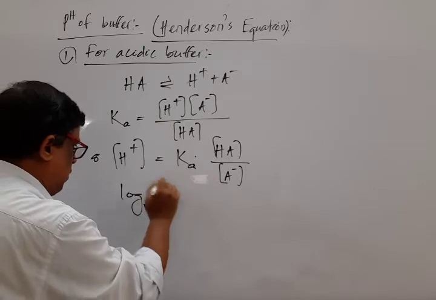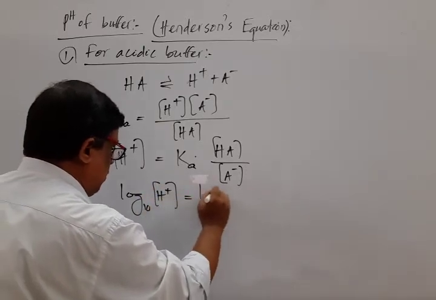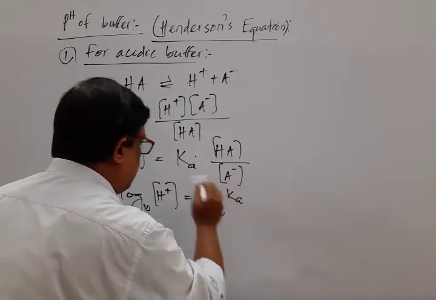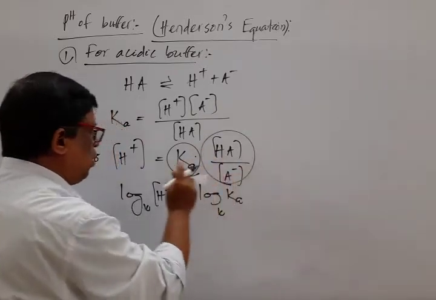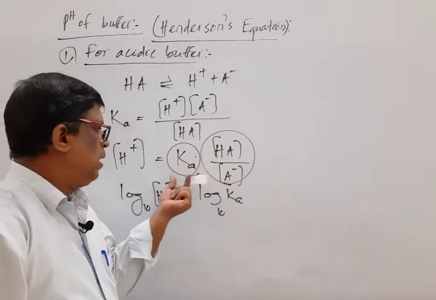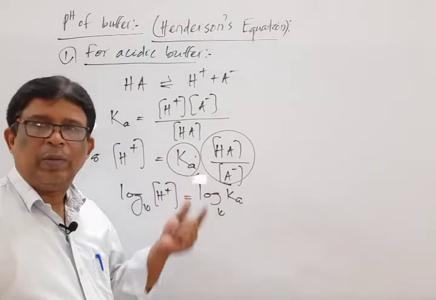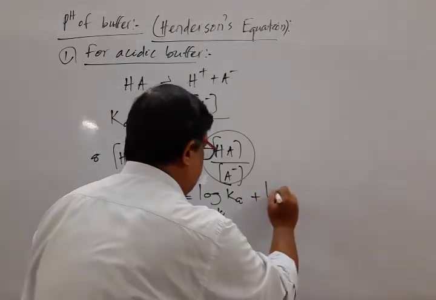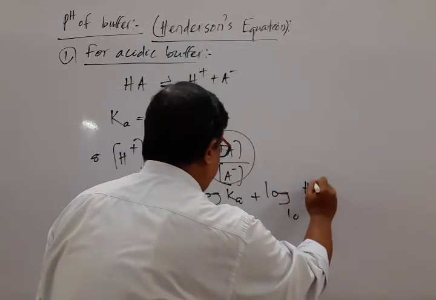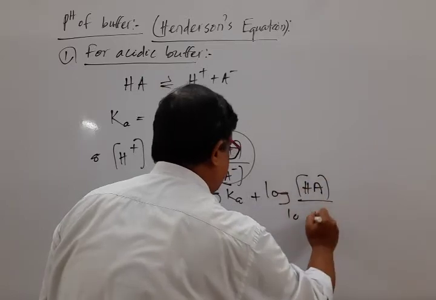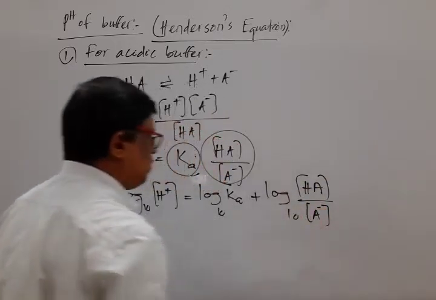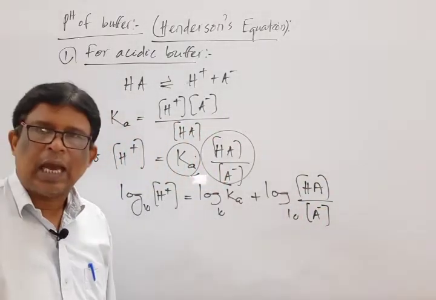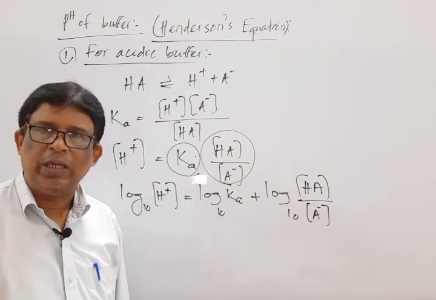log [H⁺] is equal to log Ka. It is one term. So for A into B, by taking logarithm, log(A×B) is log A plus log B, that means plus log of HA by A⁻. And reversing the sign means multiplying by -1 to each term.